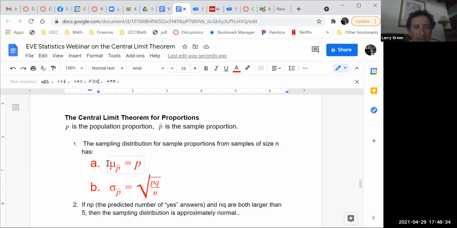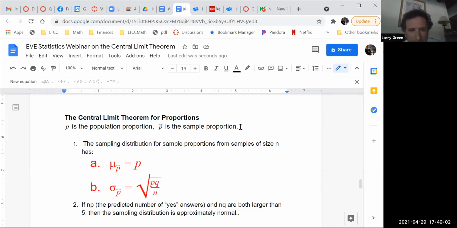and the big theorem is that the mean of all possible sample proportions is equal to the population proportion. That's another way of saying that the sample proportion is an unbiased estimator for the population proportion. And then sigma sub P hat, so the standard deviation of all possible sample proportions, is the square root of PQ over n.